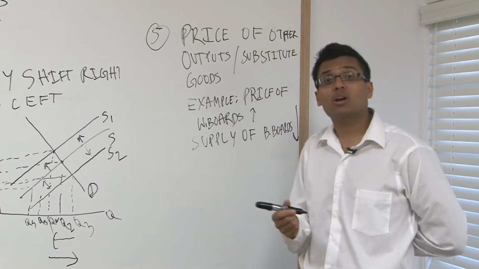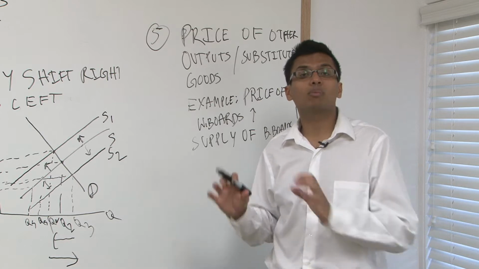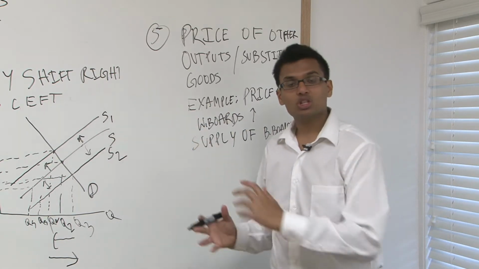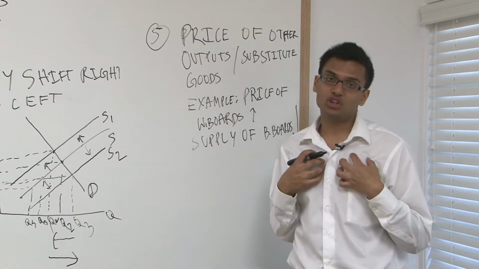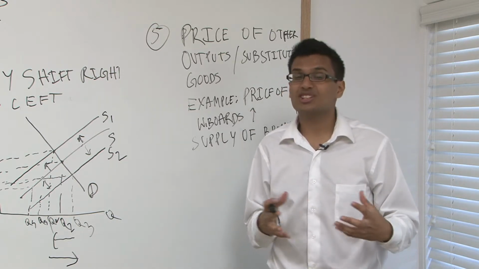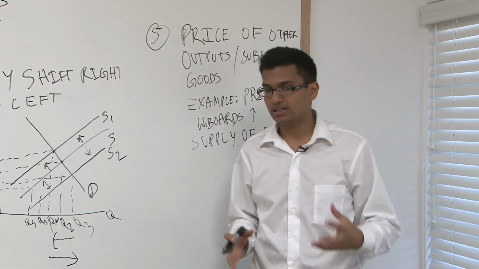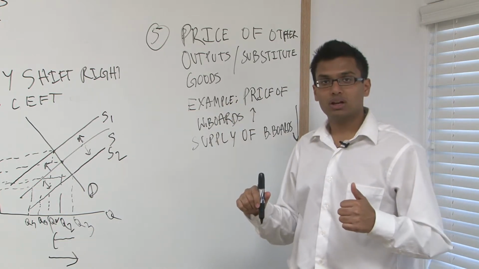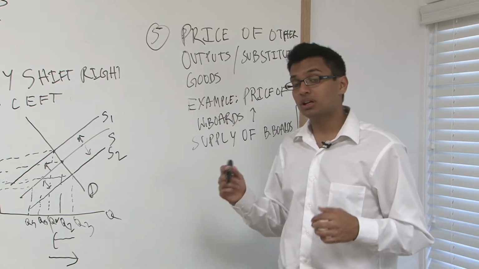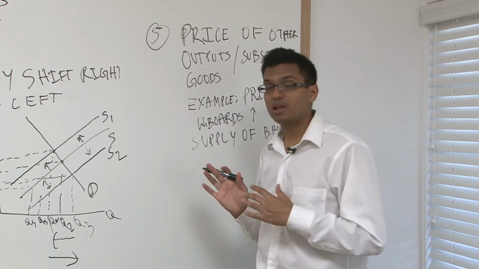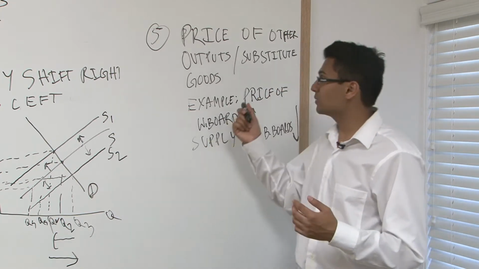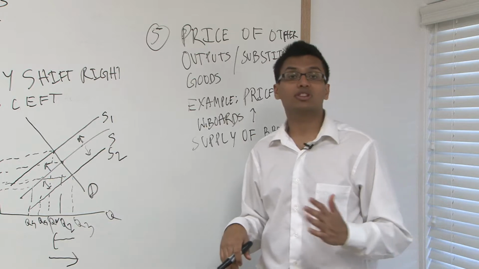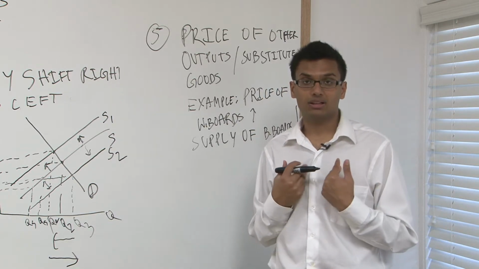Because if the price of a substitute good goes up, there's more profit in that substitute good. So if I'm producing the other good, I'm going to cut down the supply because there's less profit in that. Does that make sense to everybody? If the price of substitutes goes up, the supply of the good you're talking about is going to shift to the left. If the price of substitute goods goes down, then I'm going to shift to the right because there's more profit in my area. Does that make sense?